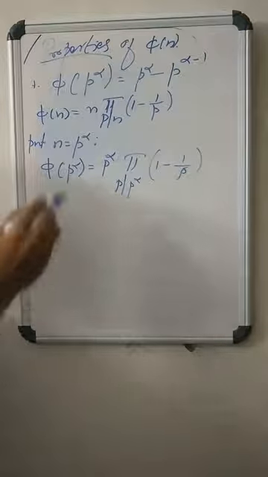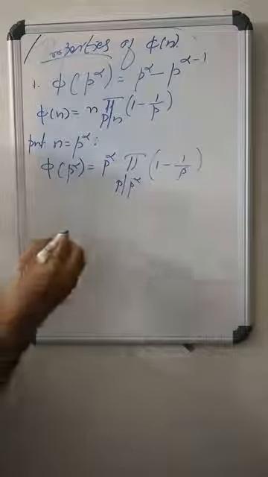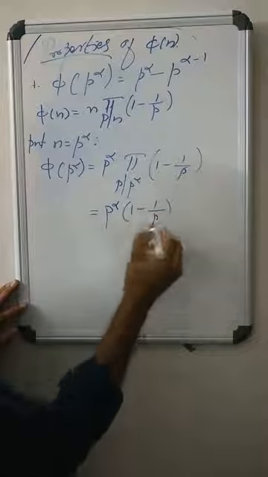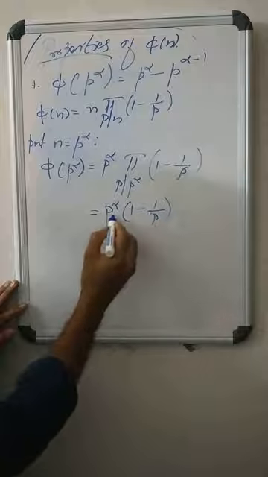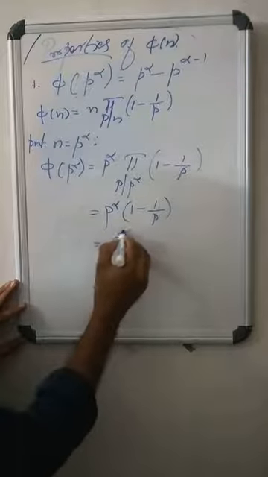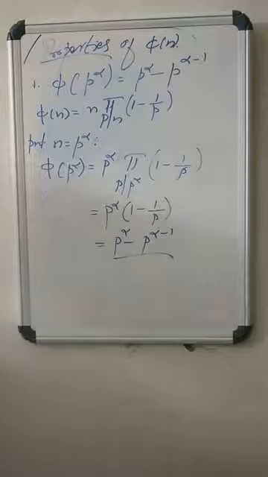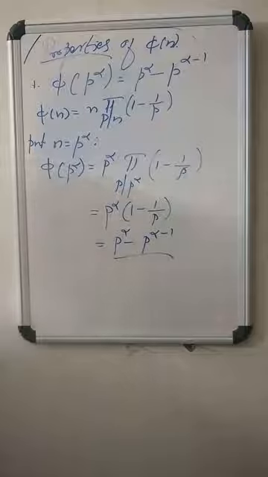Agree? What is the product over p dividing p power alpha? It is nothing but p power alpha into 1 minus 1 by p, which means p power alpha minus p power alpha minus 1.